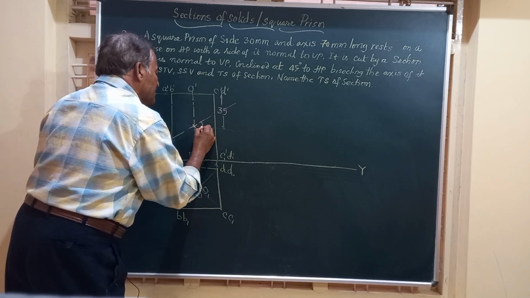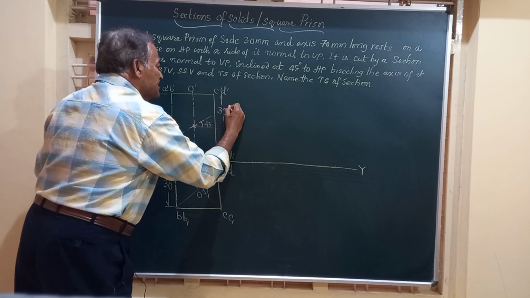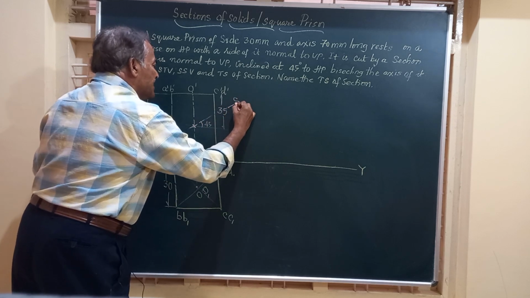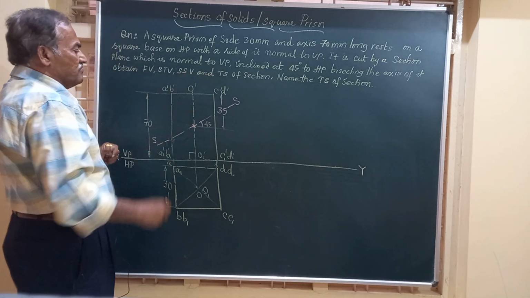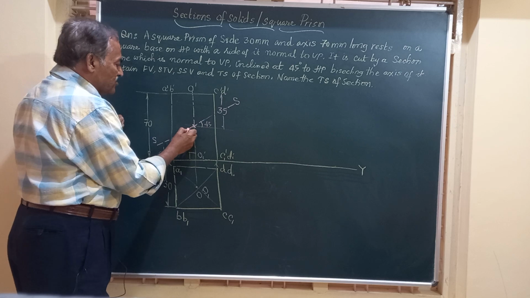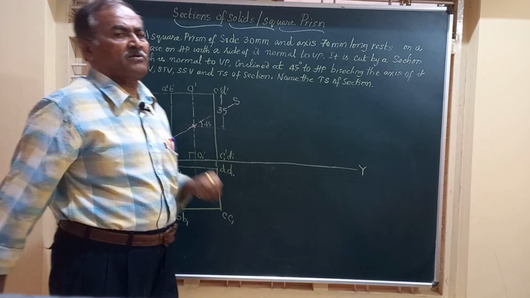Friends, I will mark this section plane as S and S. This is a sharp cutting blade which is cutting the solid, bisecting it into two equal halves.